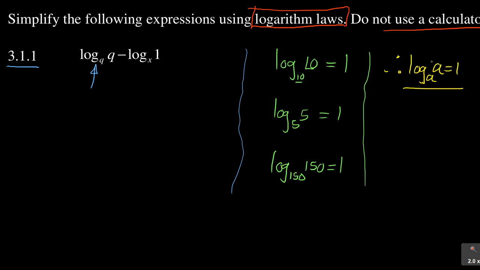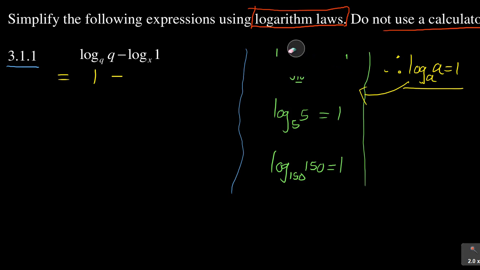So you can see that I can use these scenarios to say, if the number and the base are the same, I get a 1. In the same scenario, given log base q of q, this is equal to 1. So you understand how you can use the laws of logarithms for that.